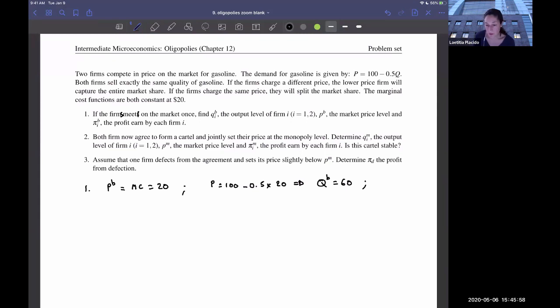And because you have made this assumption that production is split between both firms, we know that the production of firm A is the same as firm B, and that's half of the market demand. What about the profit? The profit will be the same for firm A and B. And because you charge price equals marginal cost, the profits are 0.